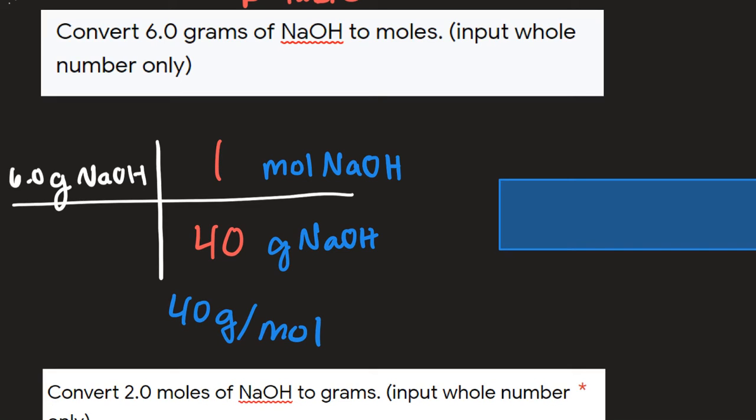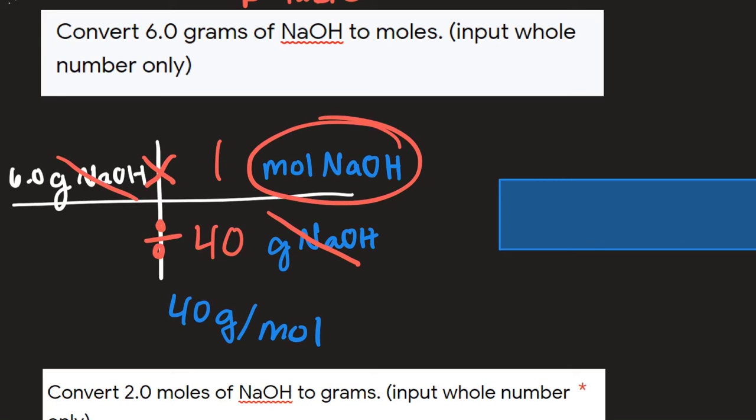What this is going to do for me is convert grams per mole, because if I multiply across and divide on the bottom, my units that are the same on the top and bottom will cancel out, and I am left with my resulting units.